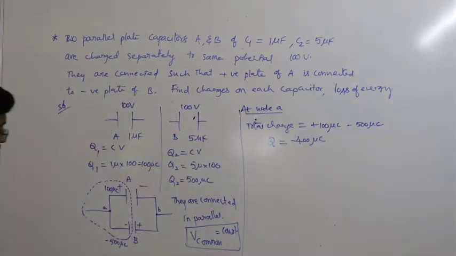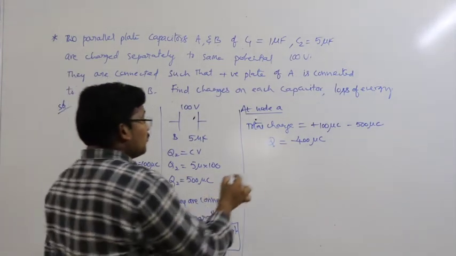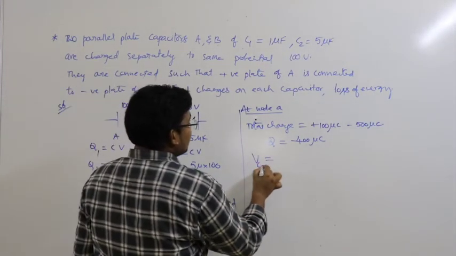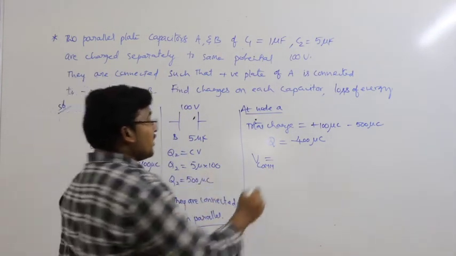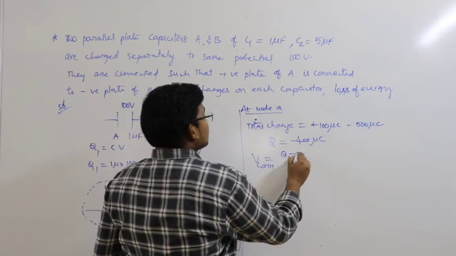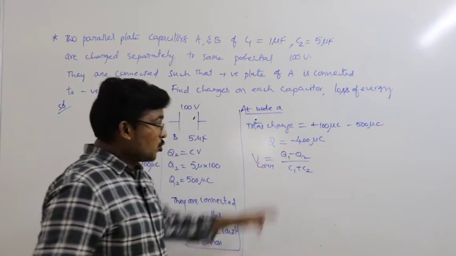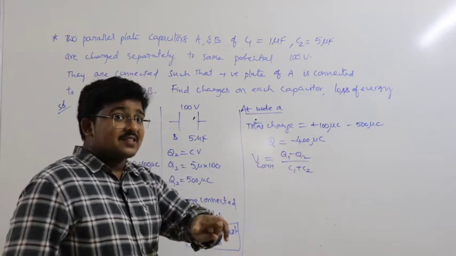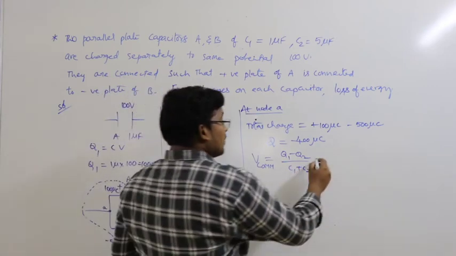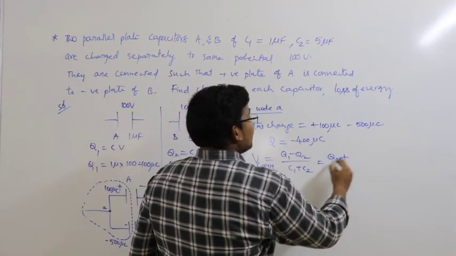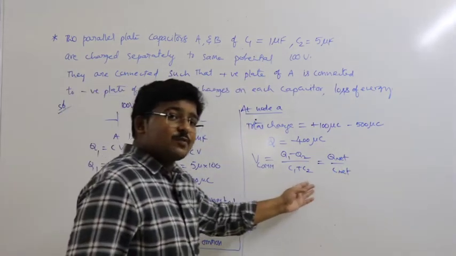Okay na? And I told you in the previous class the common potential formula, how to find the common potential. V common is equal to Q net by C net, means V equal to Q upon C. Q means total charge, here plus minus is connected, so that is negative. And what is the capacitance? When they are connected in parallel, the formula will be C1 plus C2.